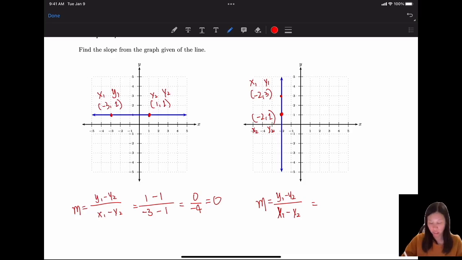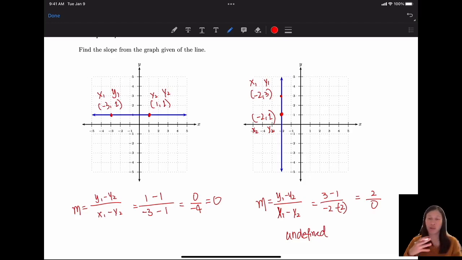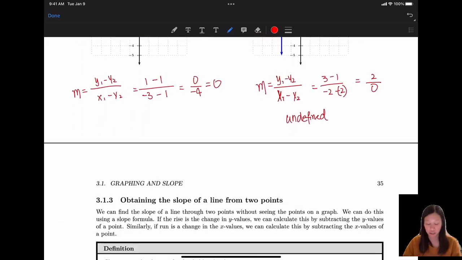So y1 is 3 minus 1, x1 is negative 2 minus negative 2. So I have 2 over 0. Can 0 be in the denominator? No, right? So this means it's undefined. When it comes to a vertical line, the slope is undefined.